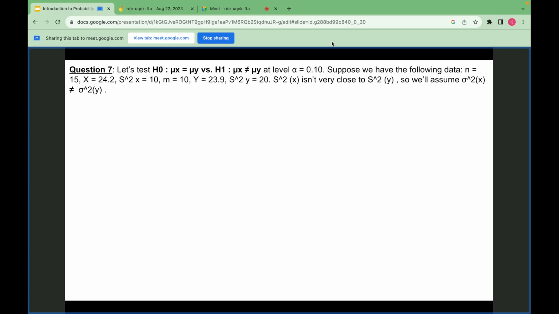So here also we want to test whether catalyst Y gives higher mean yield. That's why this claim is written in the alternate hypothesis. In H1 we have written mu y is greater than mu x, and in the null hypothesis we have written mu x is greater than or equal to mu y.